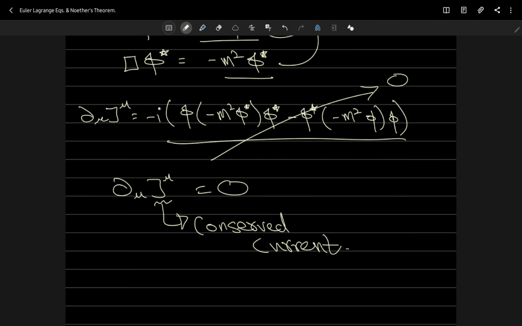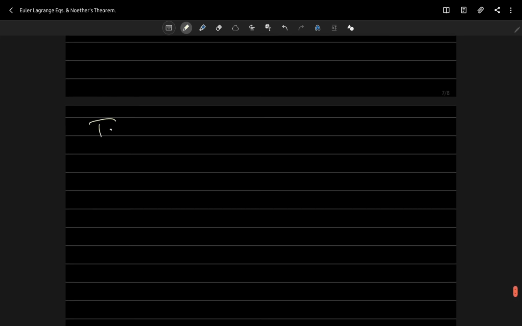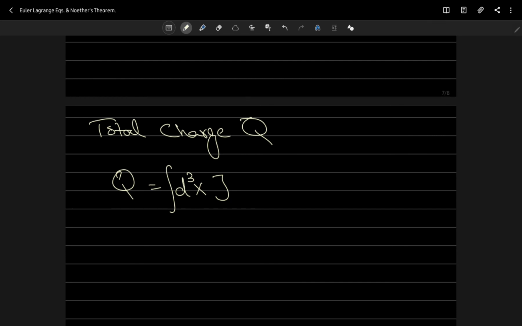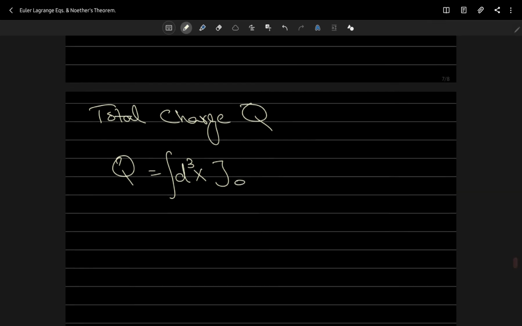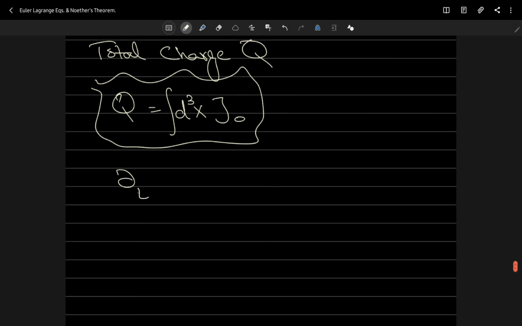But again, you can ask, well, why? Why is it conserved? So if you think about it in terms of the charge Q, so we have total charge Q, which is defined as the integral d3x of j, or let's say j0. And this definition of the total charge satisfies that the partial time derivative of the charge is equal to the integral d3x of the partial time derivative of j0. Right?